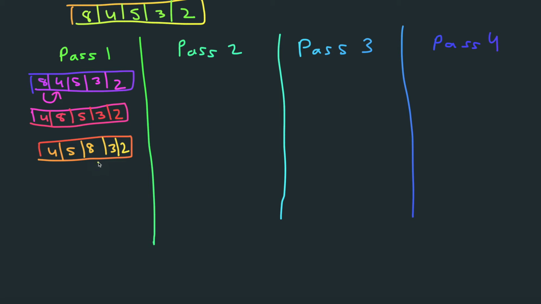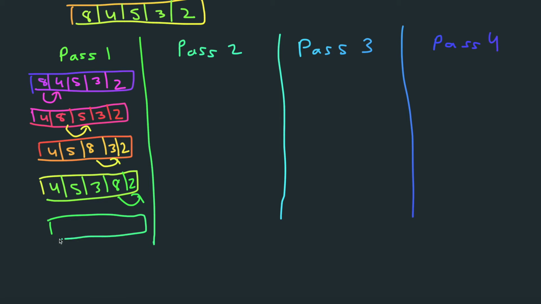Next 8 is compared with 3, 8 is greater than 3, so 3 is bubbled to the third position, 8 to the fourth position. 8 is compared with 2, 8 is greater than 2 as well, so 8 is bubbled to the fifth position, 2 to the fourth position.